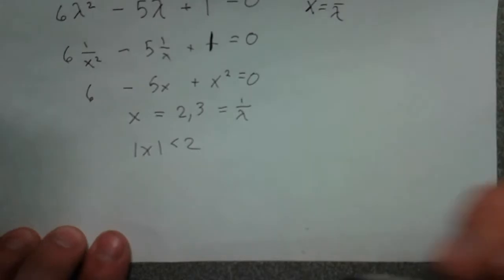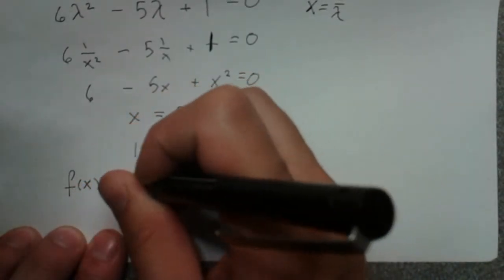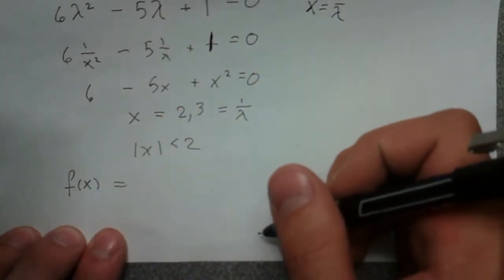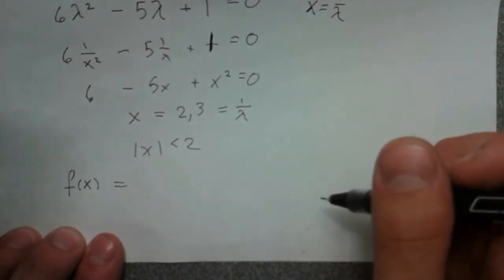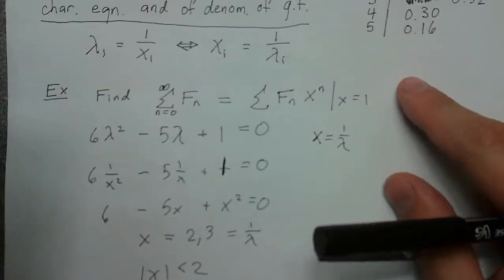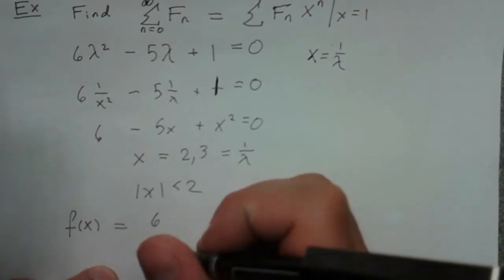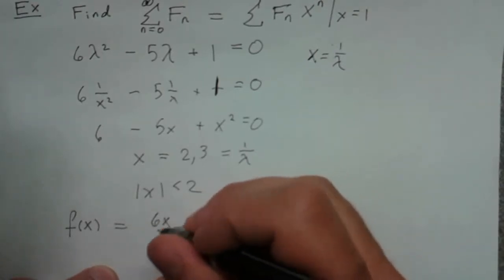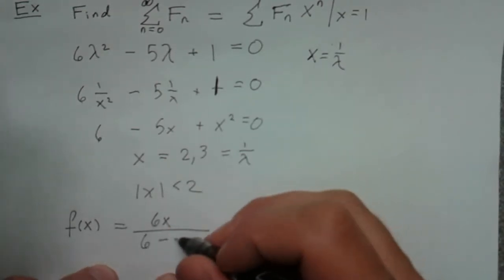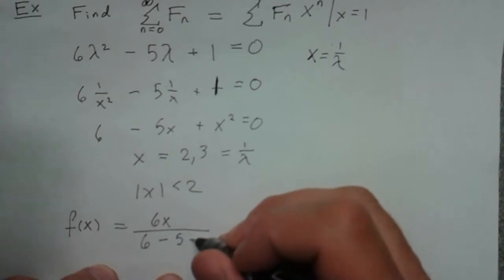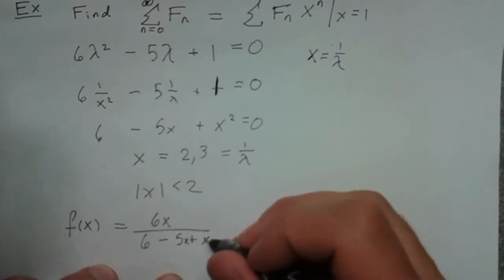What you're going to end up getting is that f of x, the generating function, is going to be a times f1, that's going to be 6, so you're going to have 6x over 6 minus 5x plus 1x squared.